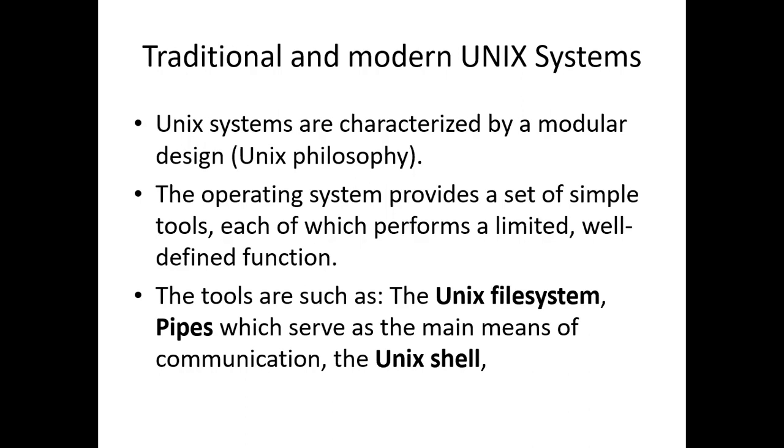So they perform well-defined functions for each. And then they had tools such as the Unix file system for you to do your filing, the pipes, which serve as the main means of communication. And then they had the Unix shell.